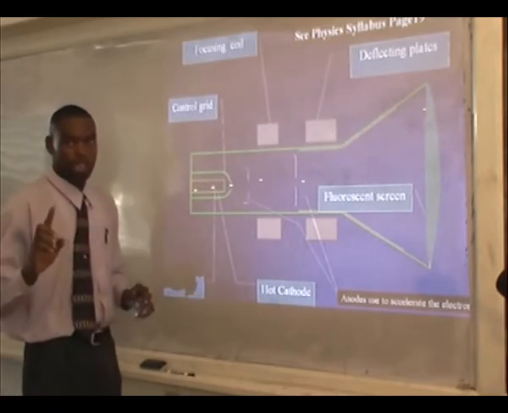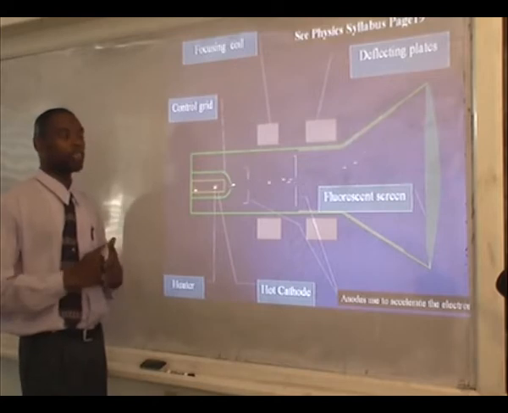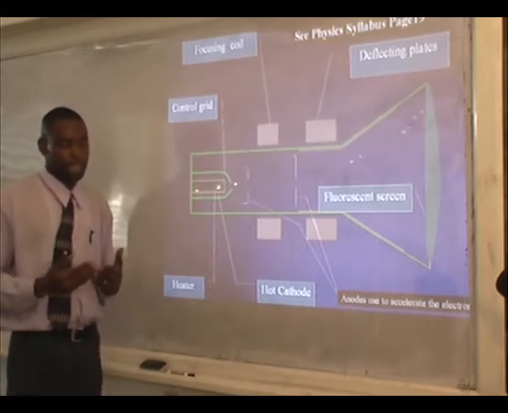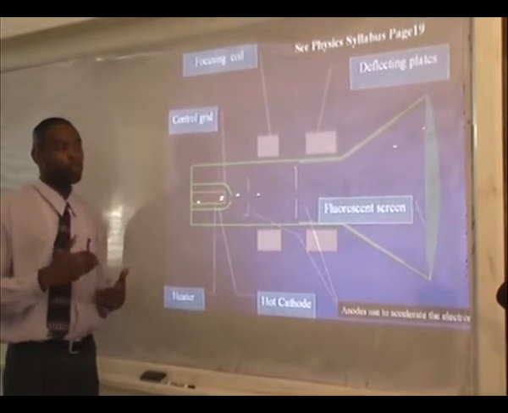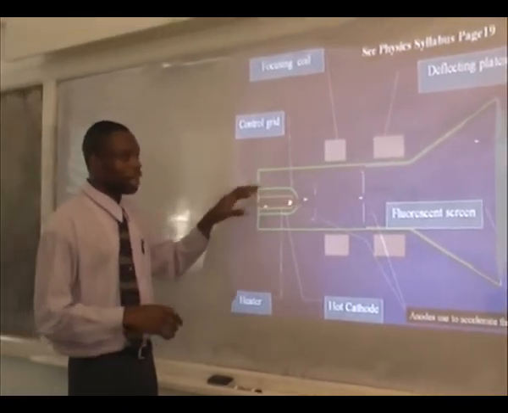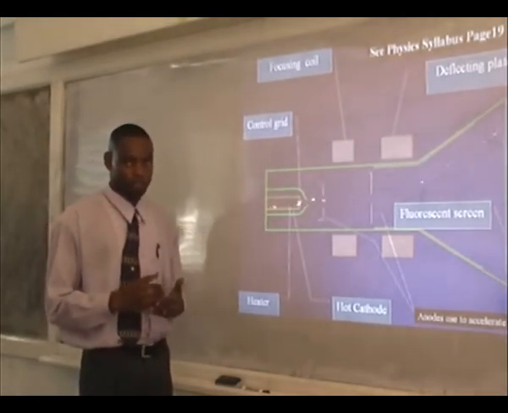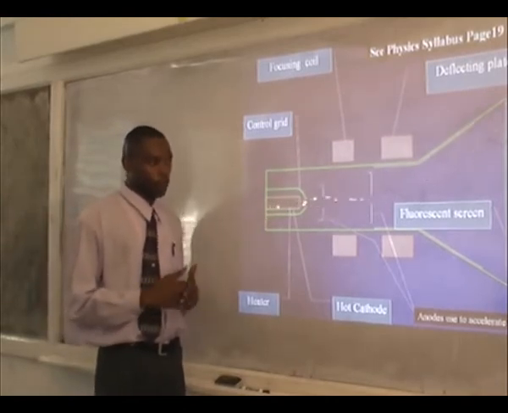One other thing that we need to point out is that the cathode ray tube is also known as the vacuum tube. In some cases, it's called a vacuum tube. What it means is that we have a gas in this tube at very low pressure. And somebody might want to know, why is this gas at very low pressure?